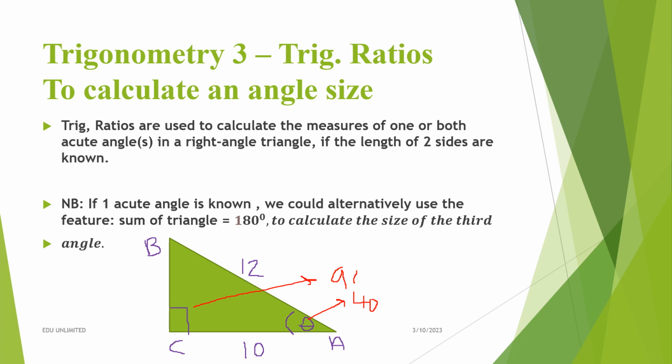So if we need to find angle B, we say that angle B is equal to 180 degrees minus the sum of 90 degrees plus 40 degrees, and 90 degrees plus 40 degrees is 130 degrees.